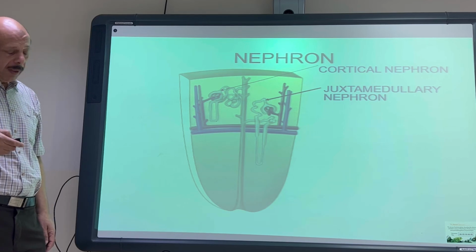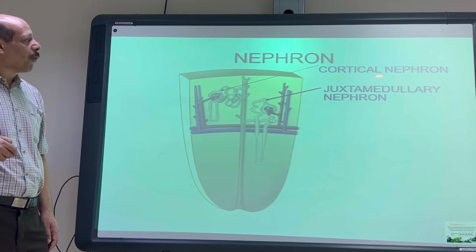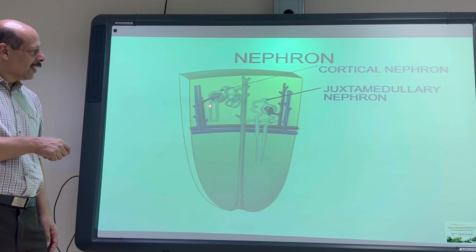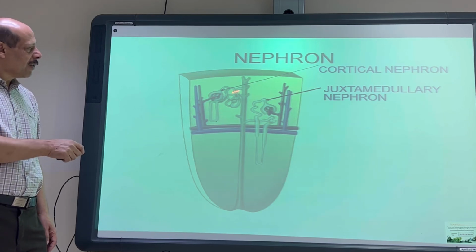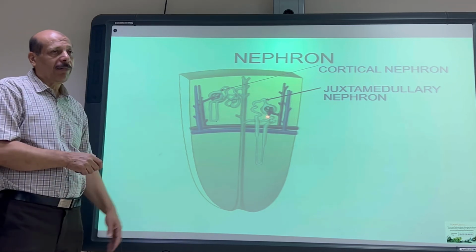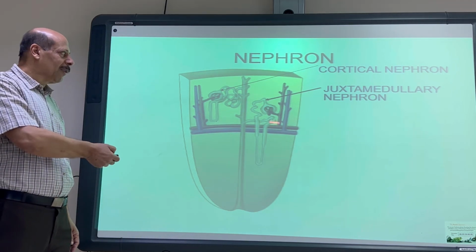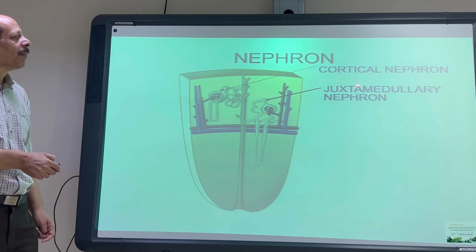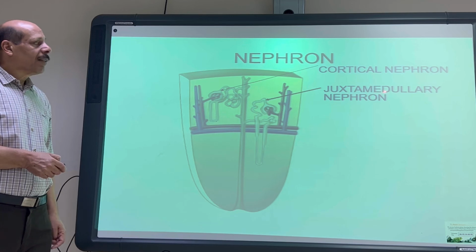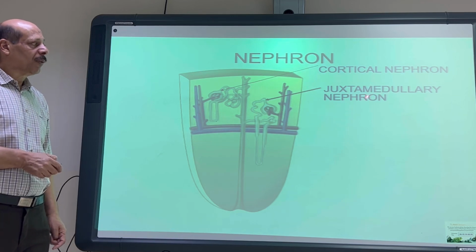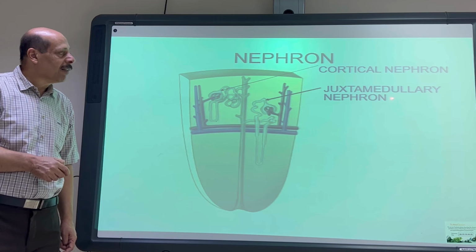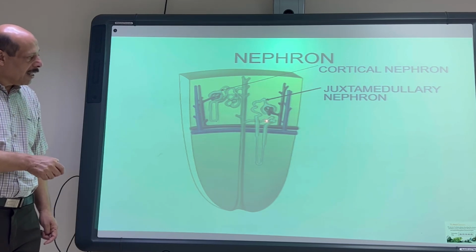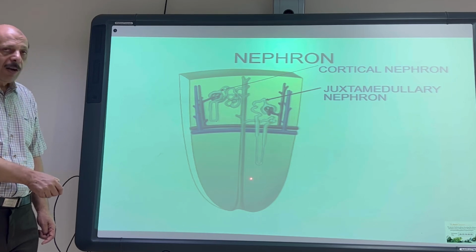So about the nephron, we also have two types of nephron. We have the cortical nephrons, this part, which has short loops here. It is in the upper part, around the kidney here, and the other, which we call the juxtamedullary nephron. The difference is that it has a long loop of Henle.